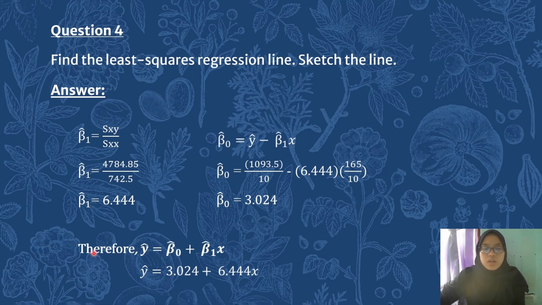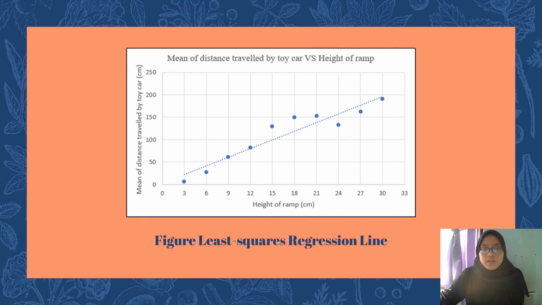Therefore, the last step is to put everything into the prediction equation, which is denoted by y cap equal to beta null cap plus beta 1 cap times x. So we replace the values that we got in the previous steps, and then we got y cap equal to 3.024 plus 6.444x.